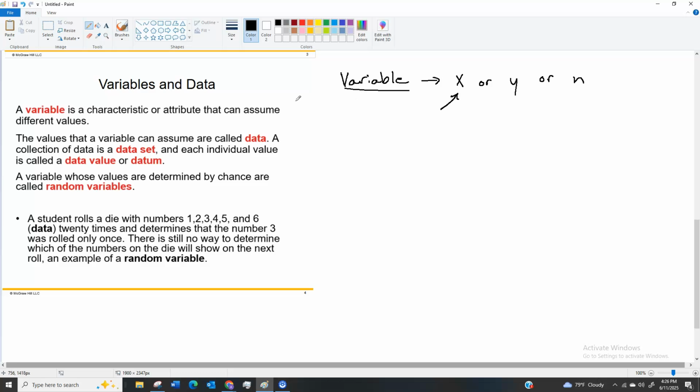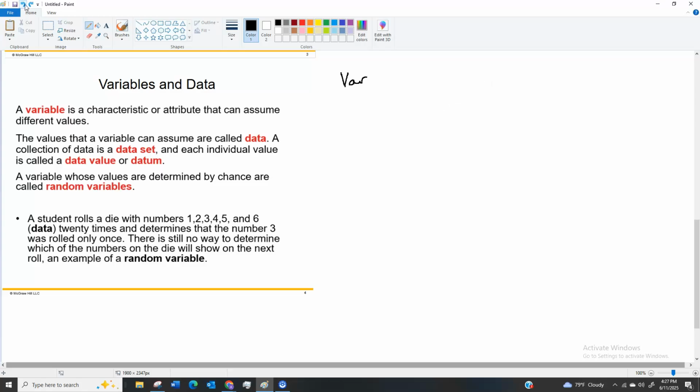But they're similar in that they can take on different values. So in algebra, you have x, which could be 5, it could be 2. So it takes on different values. Whereas in statistics, a variable is a characteristic or attribute.